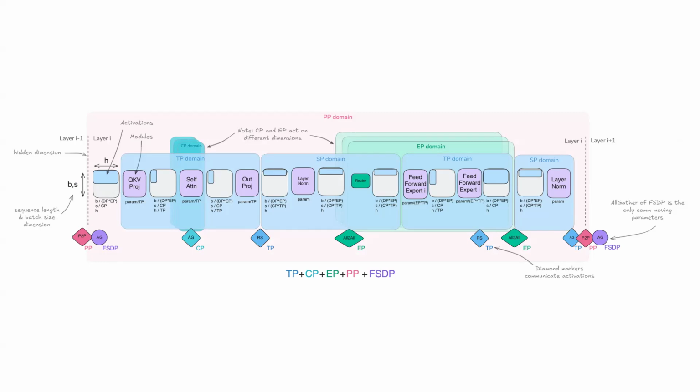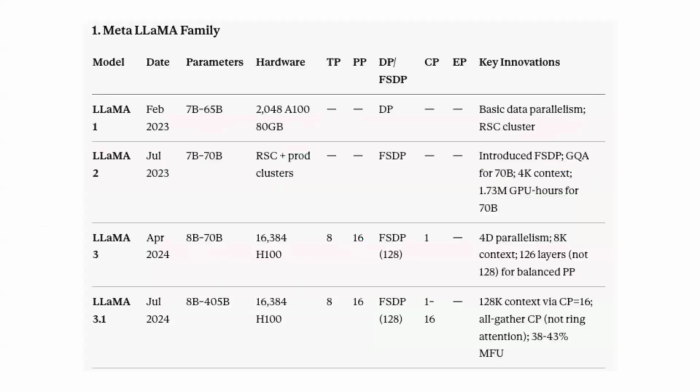And the most interesting part, at least for me, is to figure out not only the theory, like how we can do stuff, but what is actually used in practice. And here we can see a few tables from recent models, open and not only open, where technical reports mention parallelism strategies, and we can see the evolution of these parallelism strategies.